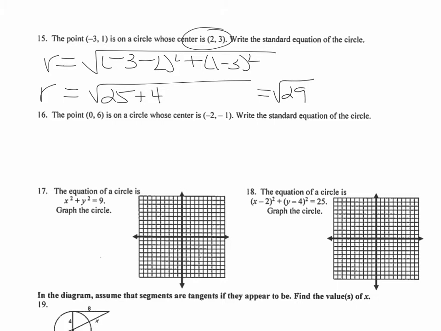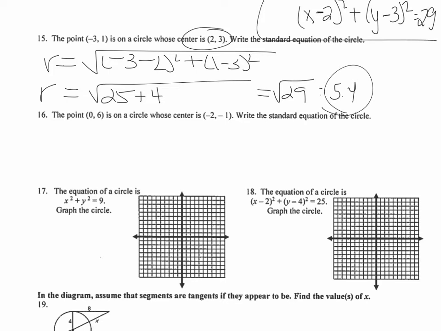That's 5.4, my radius. So (x - 2) squared plus (y - 3) squared equals 5.4 squared, which is a decimal, so round to the nearest whole number. I get 29.